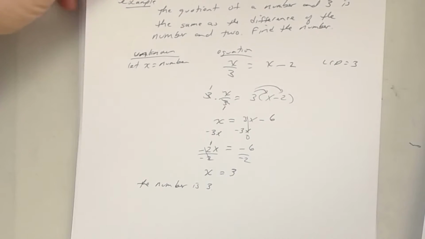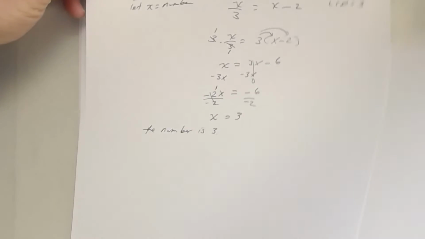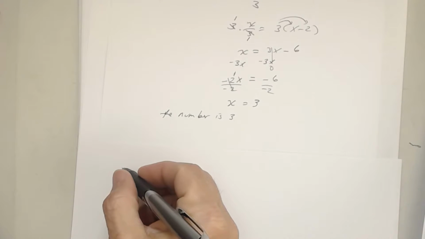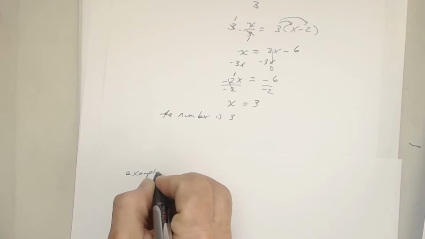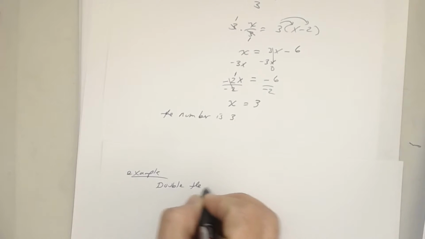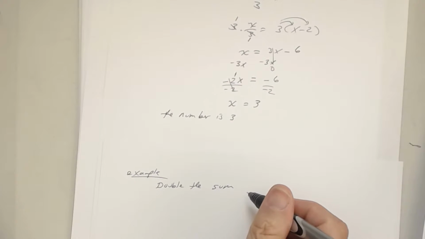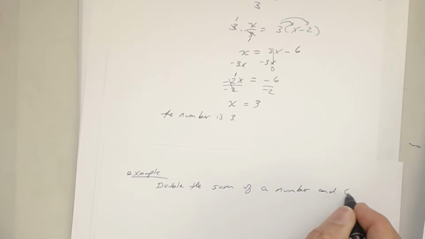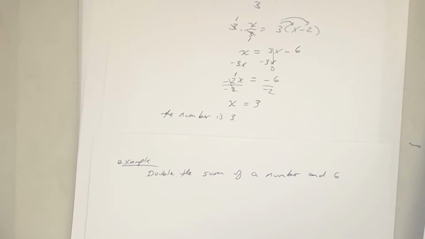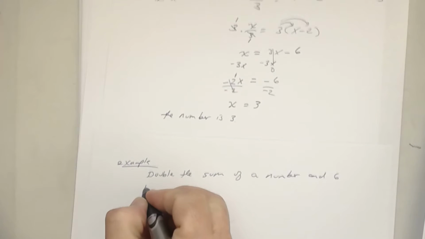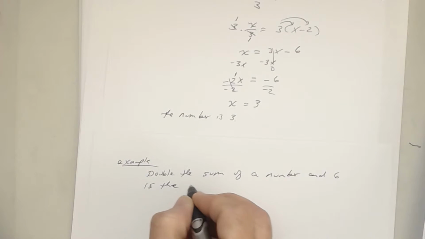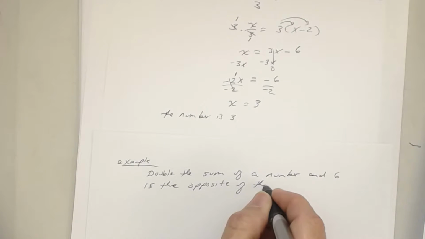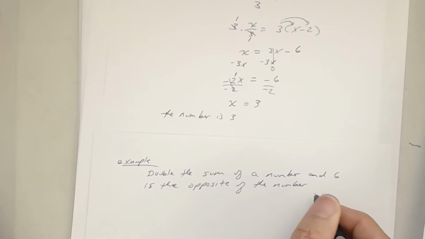Okay, let's look at this one. Double the sum of a number and 6 is the opposite of the number.